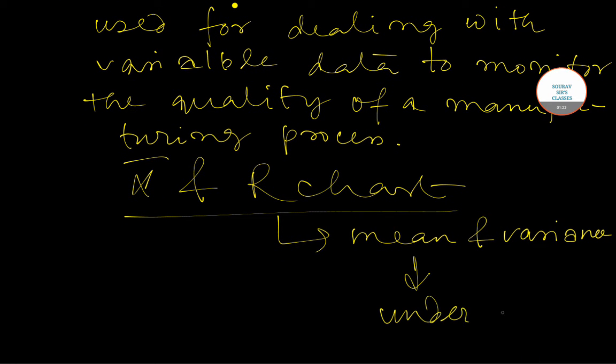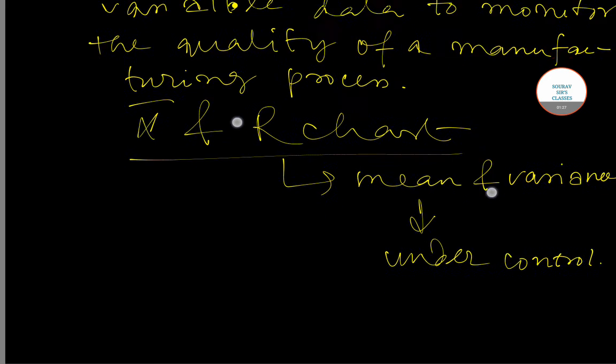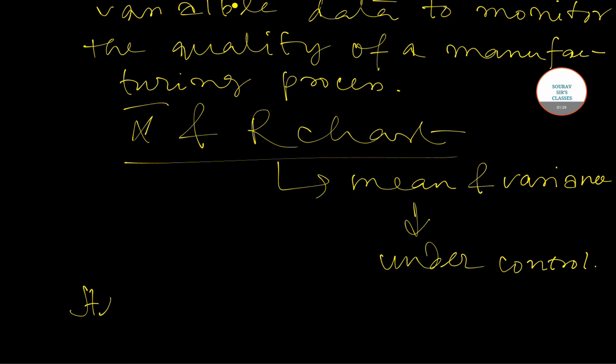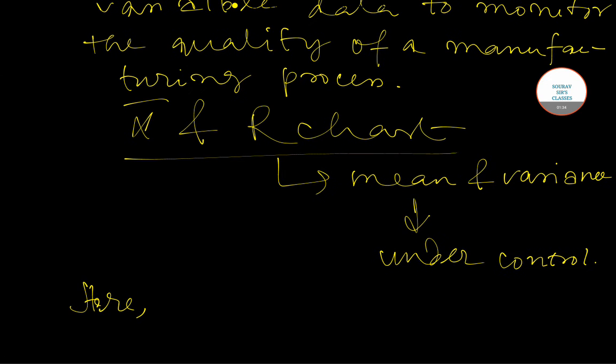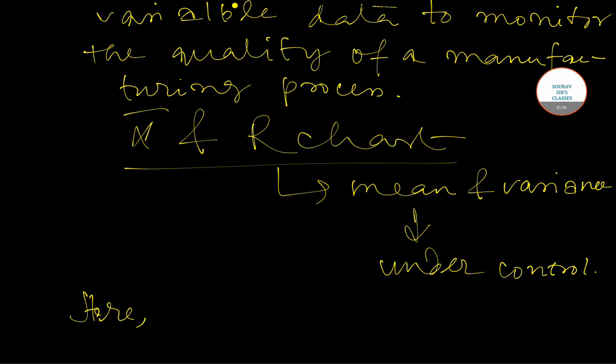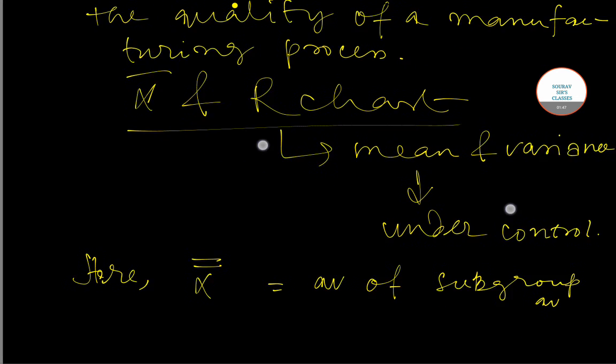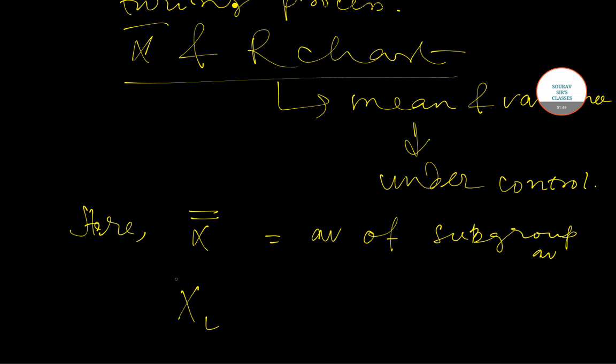Now here we will be using some notations which I need to tell you earlier. X double bar is equal to the average of subgroup averages. X i bar is equal to the average of the ith subgroup.